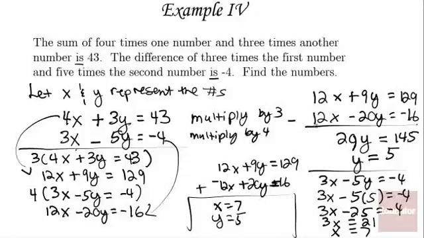Remember that subtracting would be the same as adding a negative 12x, a positive 20y, and a positive 16. That gave me 29y equals 145, or y equals 5. At that point, it was simply a matter of substituting y equals 5 into one of the equations to yield x equals 7. So today we applied the various methods that we've used for solving systems of equations.